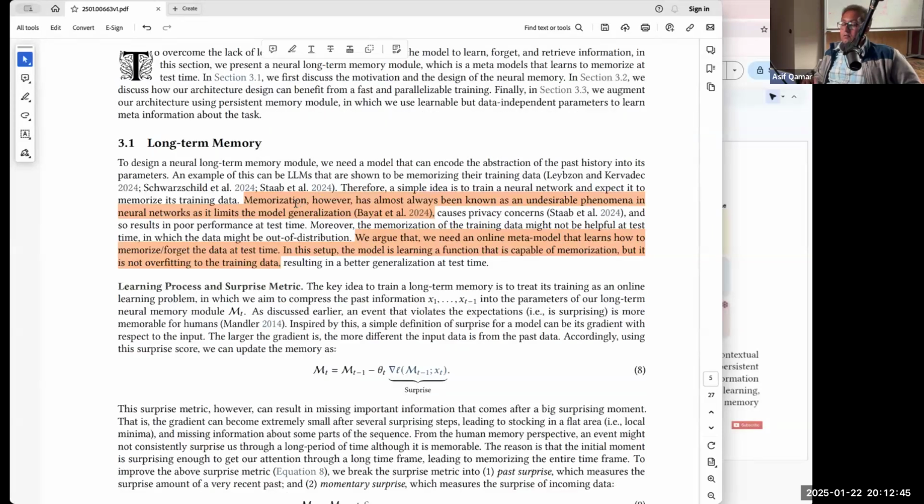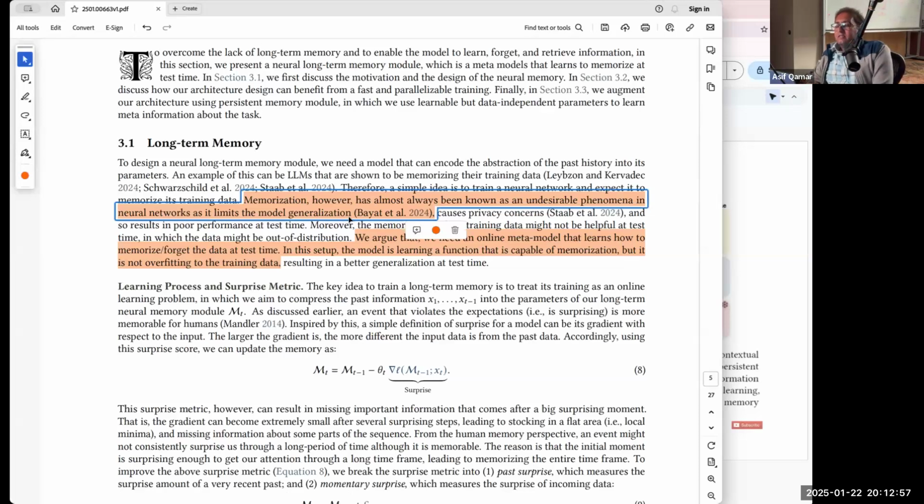Memorization, however, had almost been known as an undesirable phenomenon in neural networks, as it limits the model's generalization. This is good information.